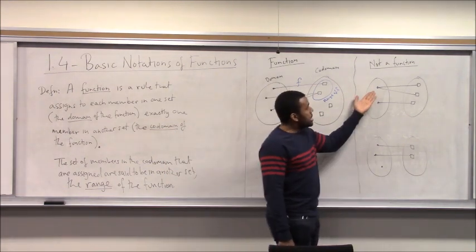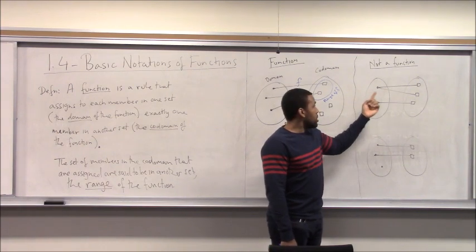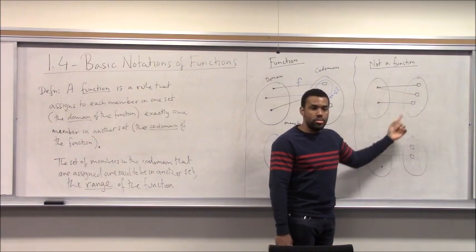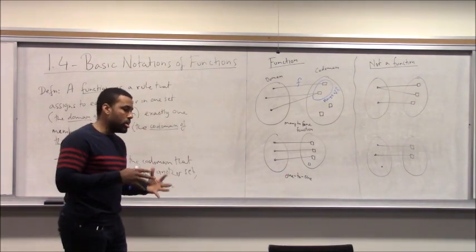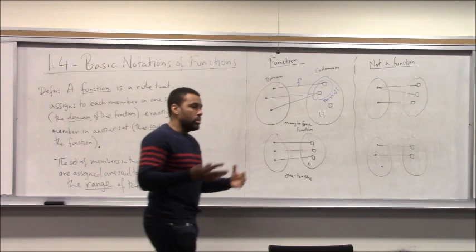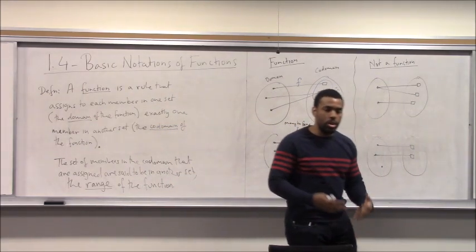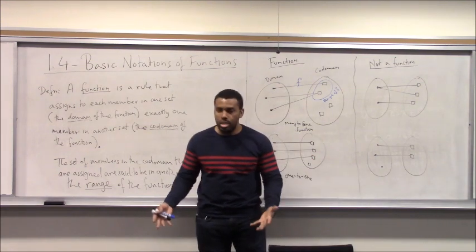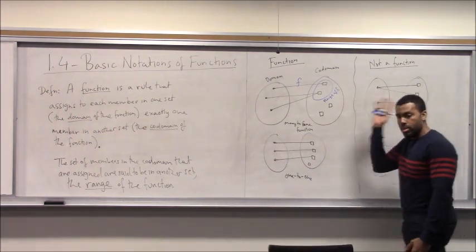Having a Facebook friend is not a function, because one individual can have many Facebook friends, right? So if I want to study parentage, setting up a function might be something I can do to study that in detail, whereas if I want to study having Facebook friends, setting up a function is not something I would do, because it doesn't fit the definition.